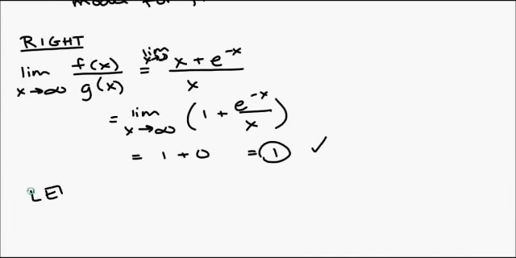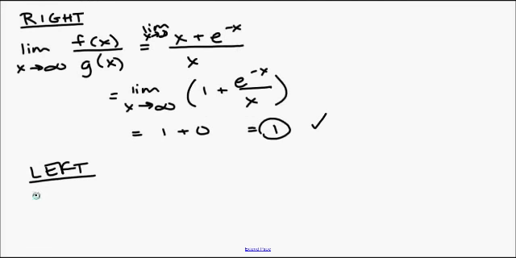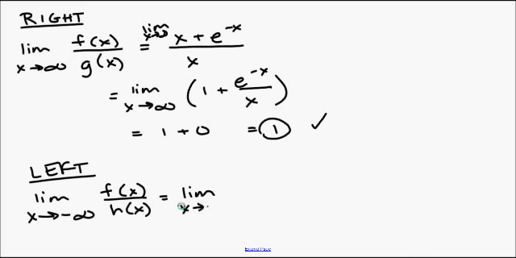Now the left hand of the graph, or left end behavior model. The limit as x approaches negative infinity of f of x divided by h of x. So our original function, the limit of the original function, x plus e to the negative x, over what we think is that end behavior model, e to the negative x.